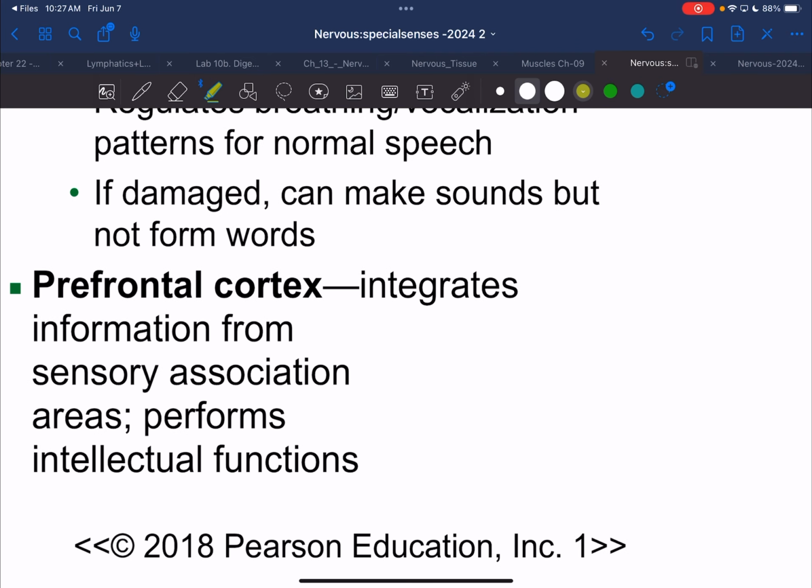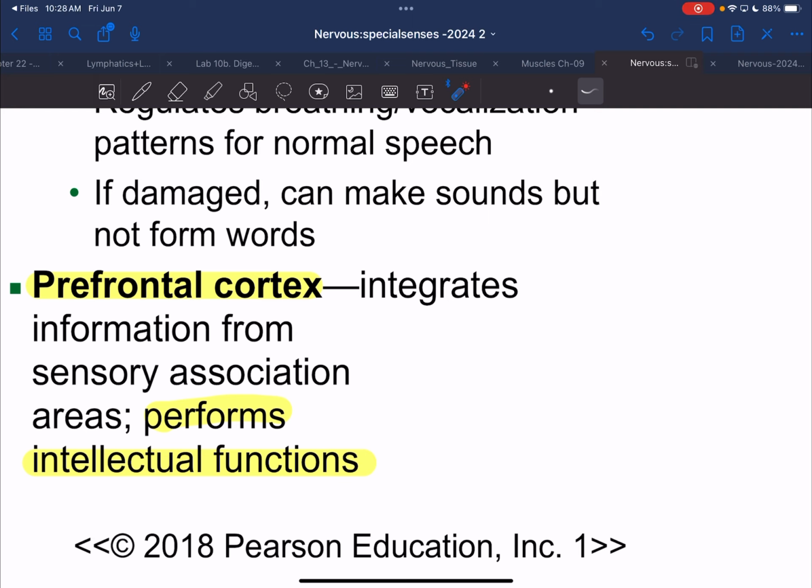The prefrontal cortex is a region that incorporates a bit of sensory information. This is what helps us use our critical thinking. It allows us to take in what we see and hear, and then put it together.